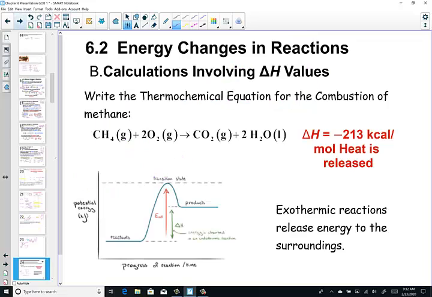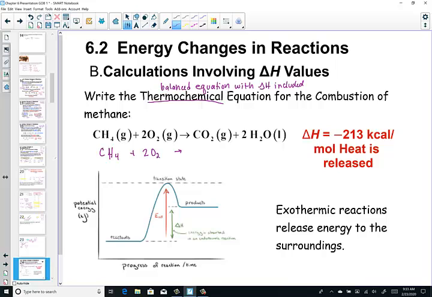Okay, we're doing great. We can actually bring in some of these calculations into a delta H value, writing thermochemical equations. So I think about this thermochemical equation as more or less the same thing as a balanced chemical equation with the delta H information included. So think about that, and we'll write out one for methane. On your paper, we're writing CH4, that's our methane molecule, plus 2 moles of oxygen.